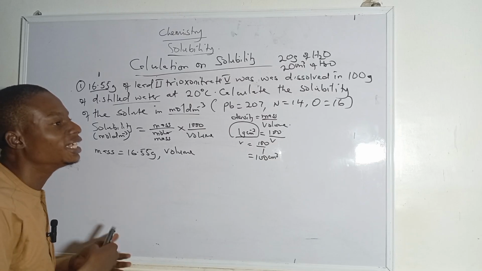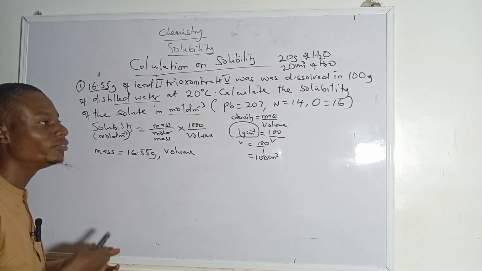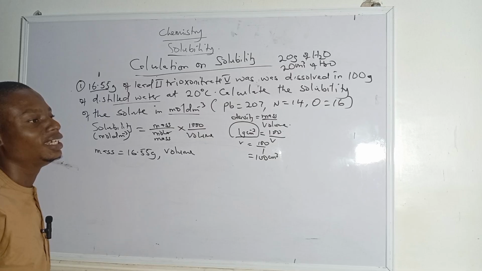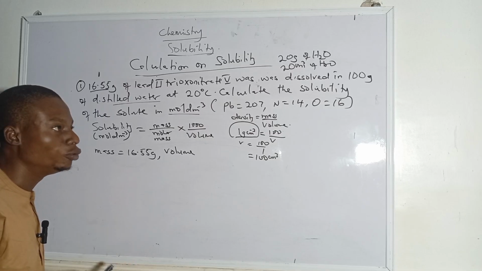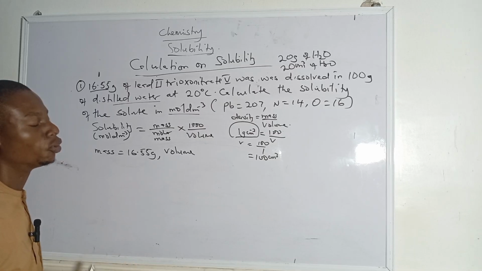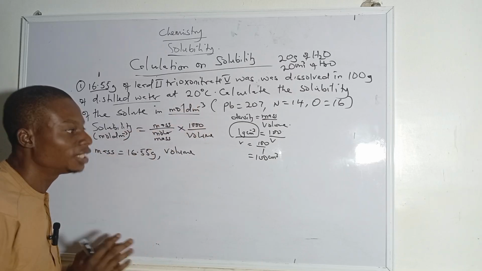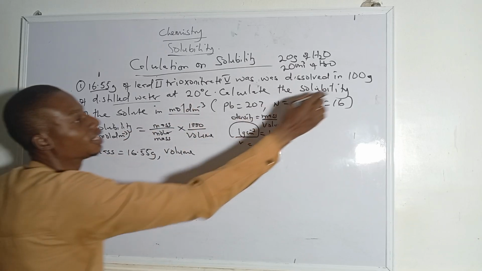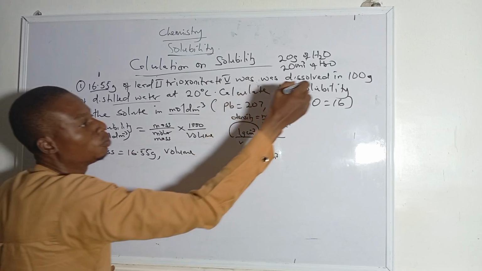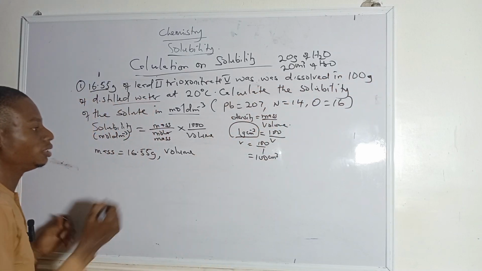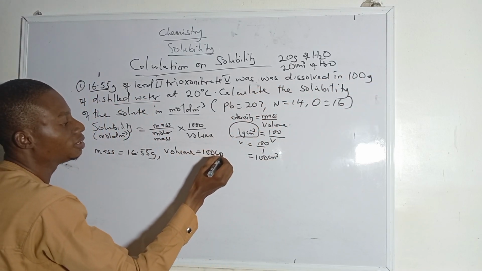So any mass you are given in gram of water is the same as the volume of water, because the density of water is 1 gram per centimeter cube. I hope that is clear. So this 100 gram is the same as 100 cm cube of water. So it is 100 cm cube.